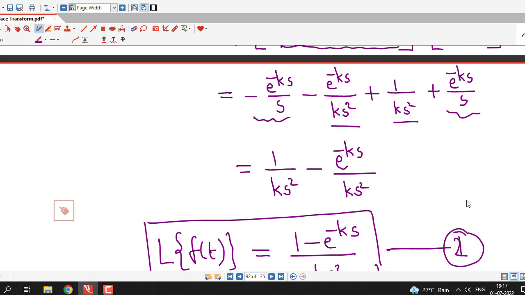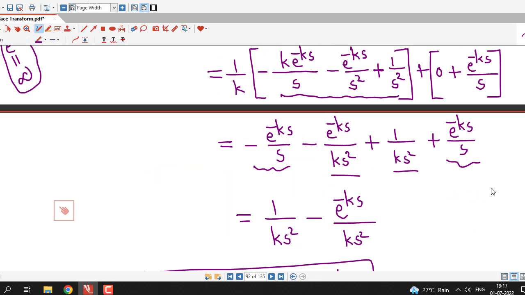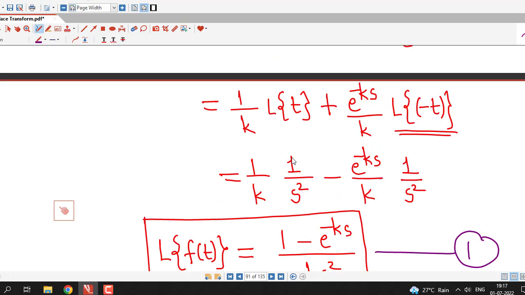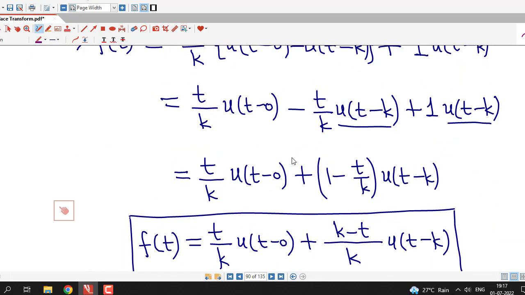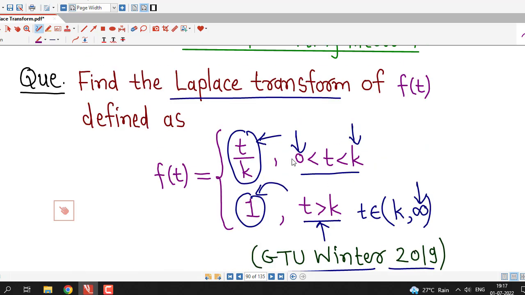This is number 1. It is 1 minus e raised to minus ks divided by ks square. Sorry, this is number 2. 1 minus e raised to minus ks divided by ks square, and that matches with the first method which we have done using the unit step function. So you can understand the same question can be done using the unit step function as well as using the definition.